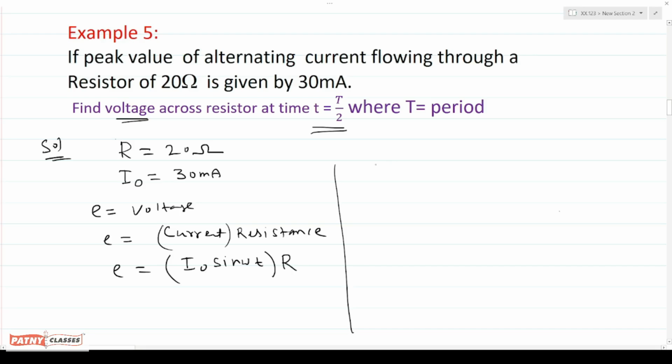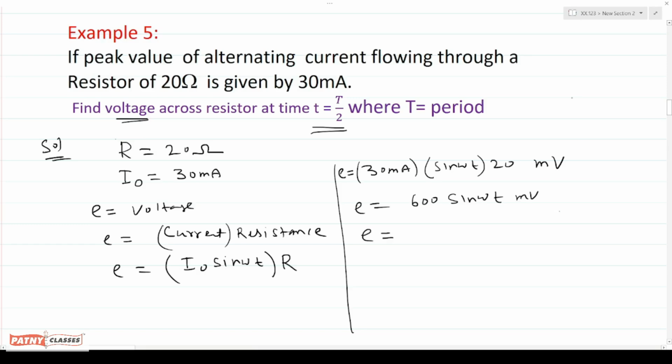So I naught value is given as 30 milliamperes, sin omega t, and R equals 20 ohms. So E equals 600 sin omega t millivolt.